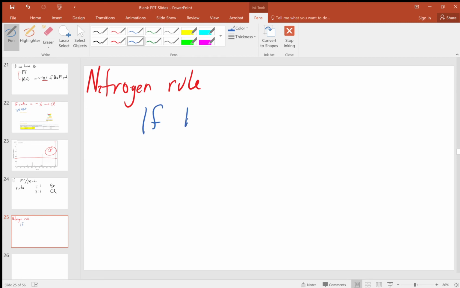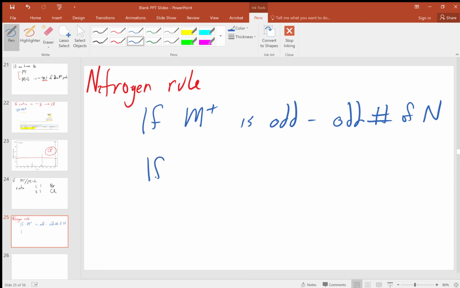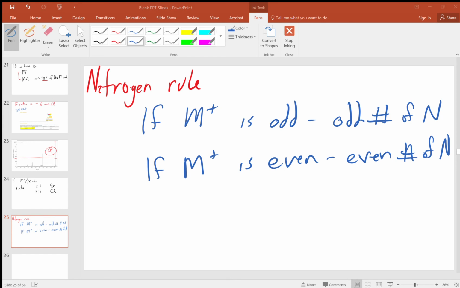So if our M+ is odd, then that tells us we have an odd number of nitrogens. But if M+ is even, then we have an even number of nitrogens, which can, of course, include having 0 nitrogens. So our next spectrum will help us to see that.